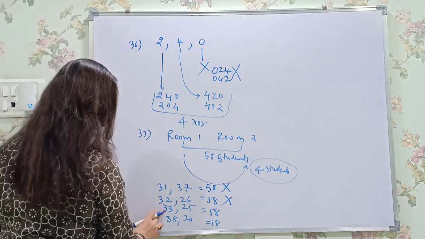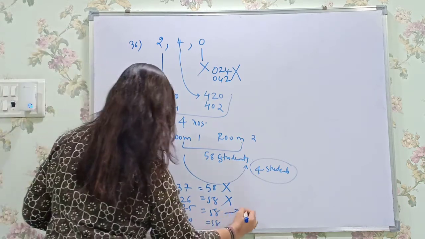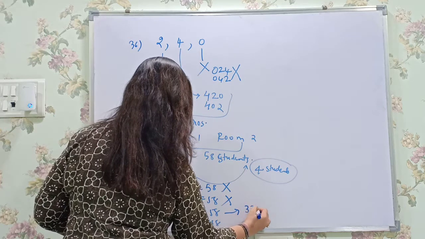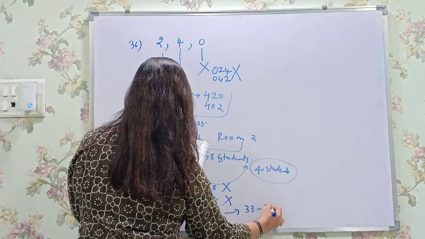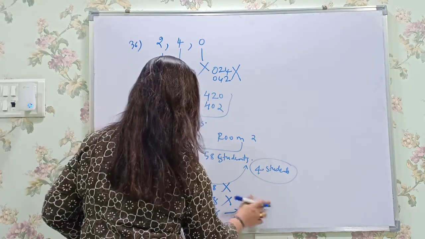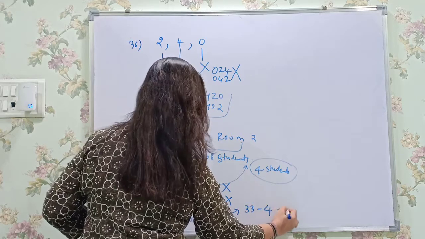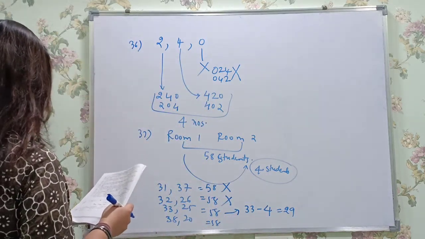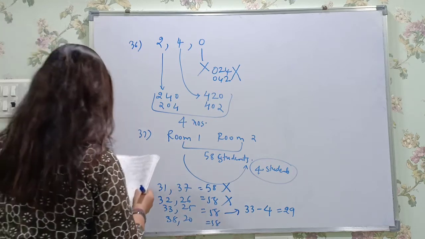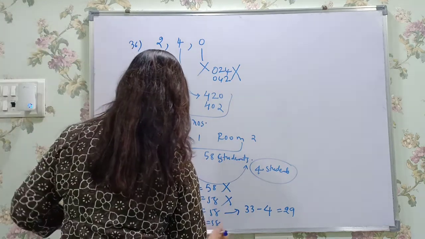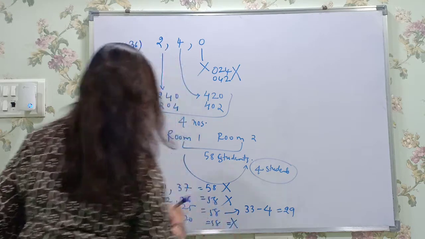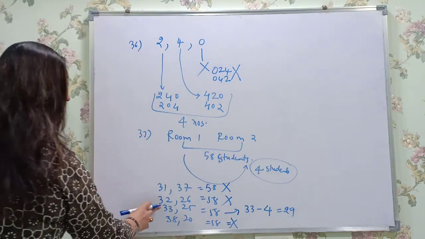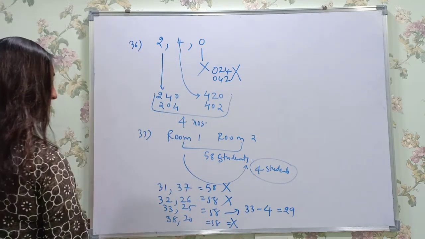So difference 33 and 25, this difference is 8. And 38 and 20 will be again wrong, isn't it? So what is the answer? 33 and 25.